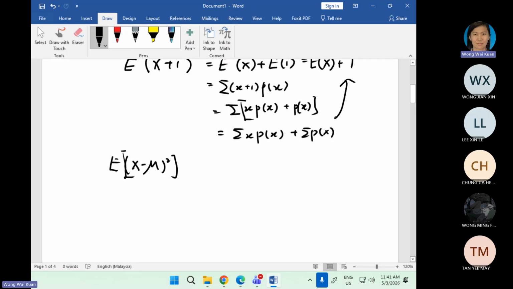But when you want to compute this, it could be more difficult. Then we have the computational way. You may wonder, how come this is E of x squared minus mu squared? Because what is (x minus mu) squared?